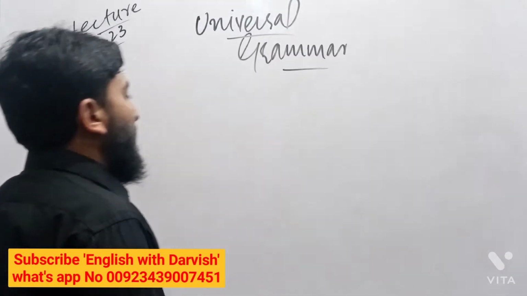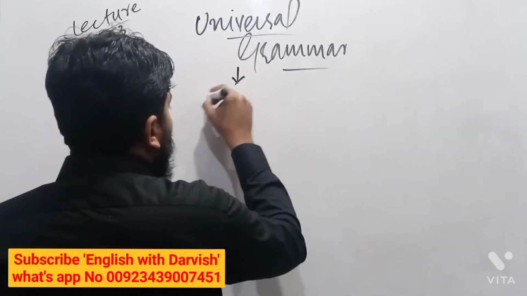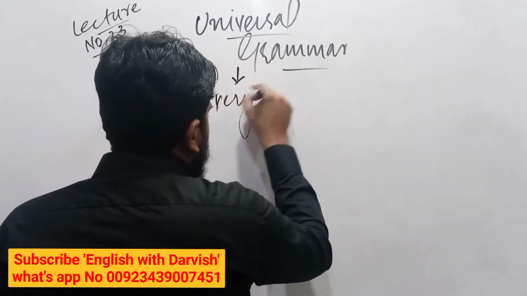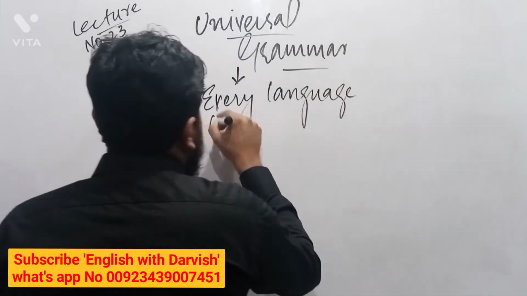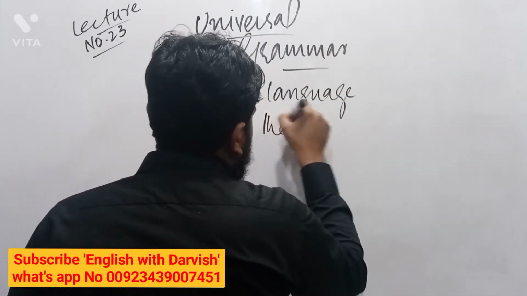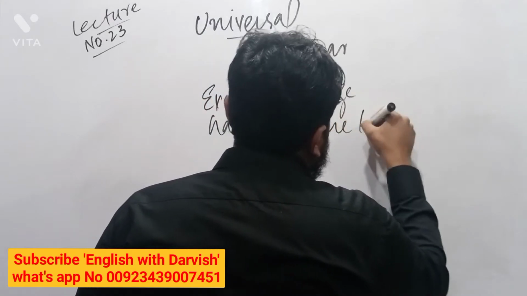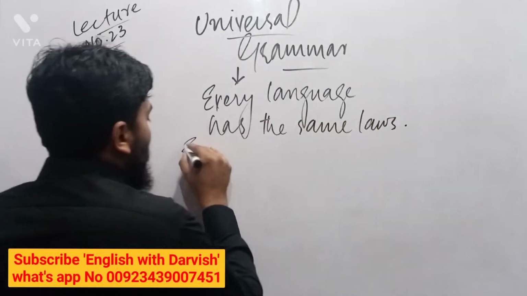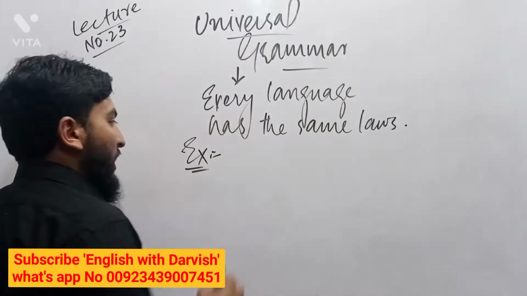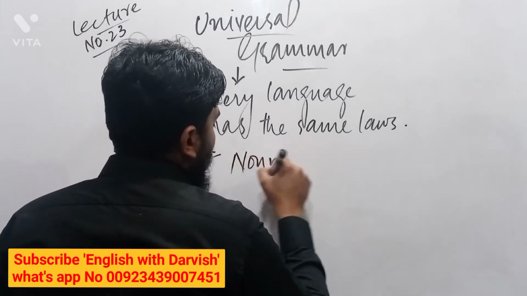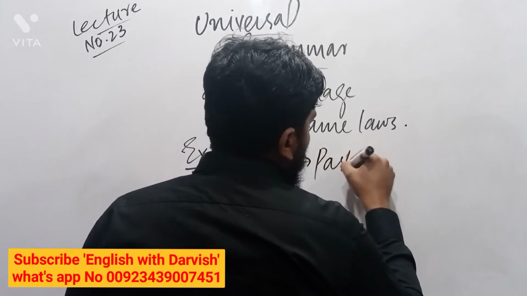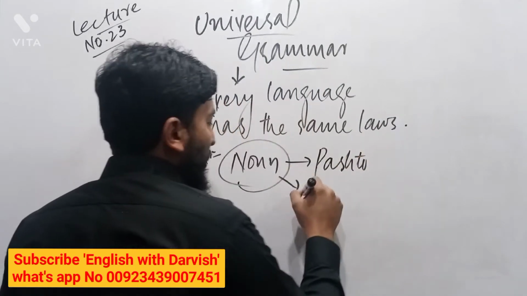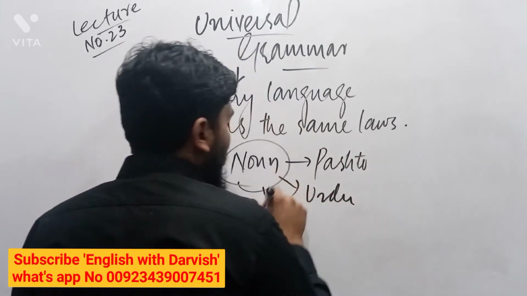He defines universal grammar in this way: every language has the same laws. For example, in very easy terms, there is a word which is called noun. I know that there are three languages, for example, Pashto, Urdu, English.